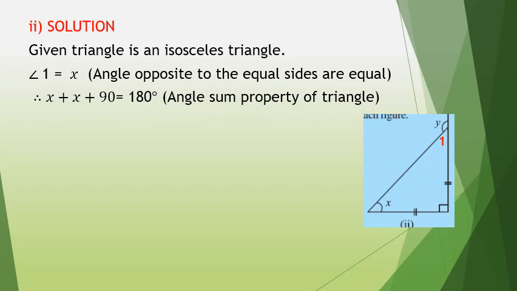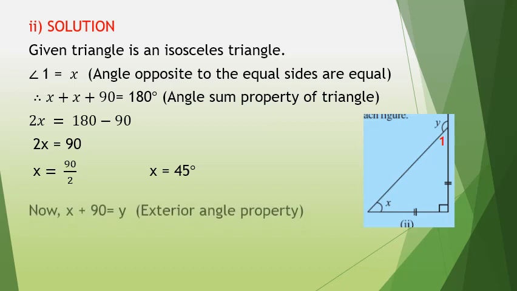Now by the angle sum property of a triangle we can write x plus x plus 90 degrees equals 180 degrees. 2x plus 90 equals 180, or 2x equals 180 minus 90, that is equal to 90 degrees, or x equals 90 upon 2, that is 45 degrees.